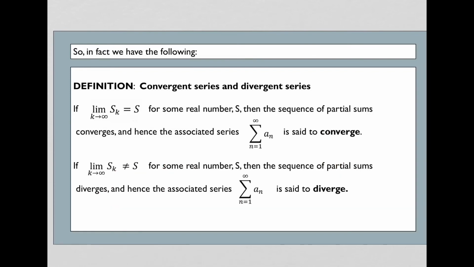So in fact, if the limit of these partial sums converges to some finite number s, then we say that the sequence of partial sums converges, and hence its associated series is also said to converge, which was what we saw with our example. However, if the partial sums do not approach some finite number s, then we say that the sequence of partial sums diverges, and hence the associated series also is said to diverge.